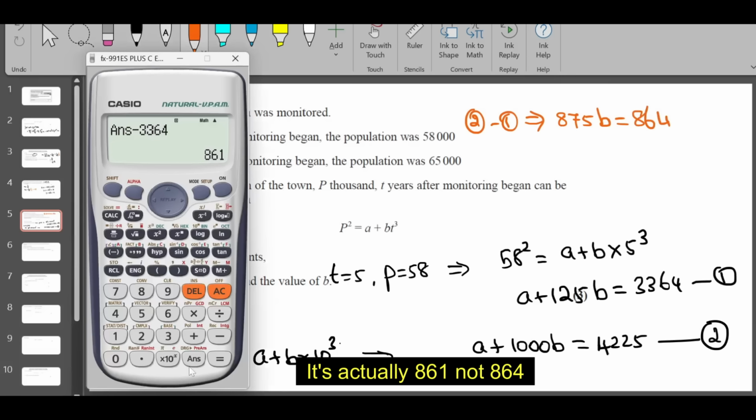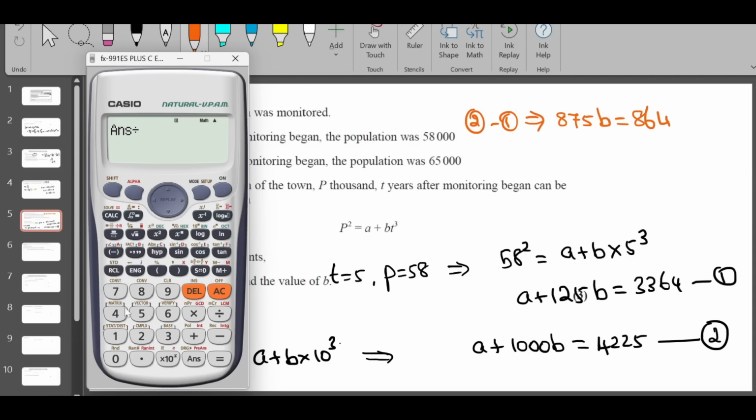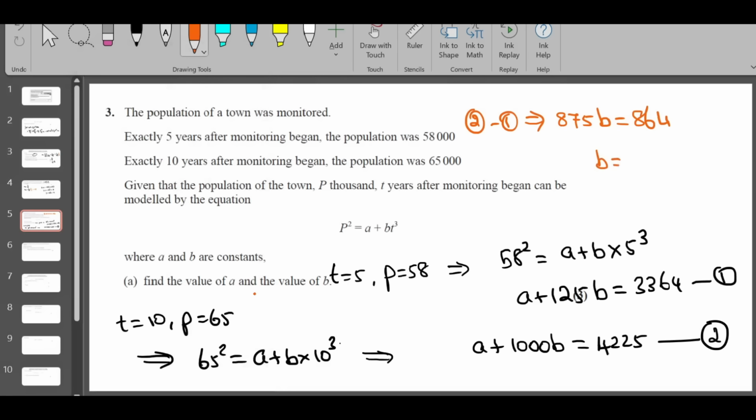So 861 divided by 875, 0.984 is the value of B. And then sub into any one of the equations to get the value of A. I'm going to sub in here the value of B.